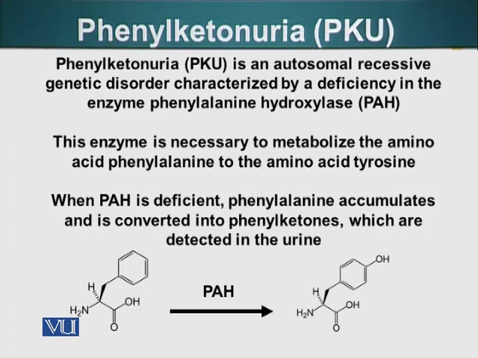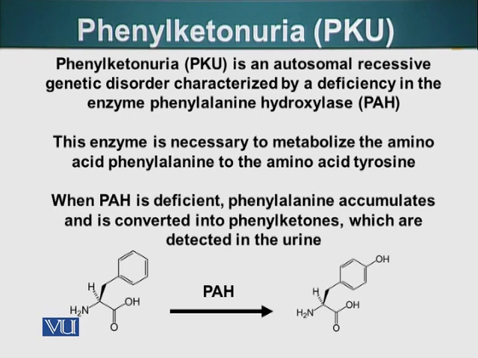Tyrosine is also used by the body to manufacture pigments, melanin, which gives us our skin color. So when this enzyme is deficient, phenylalanine accumulates. As we talked about, when it accumulates, it can get shunted into side metabolic pathways that can result in production of phenylketones.